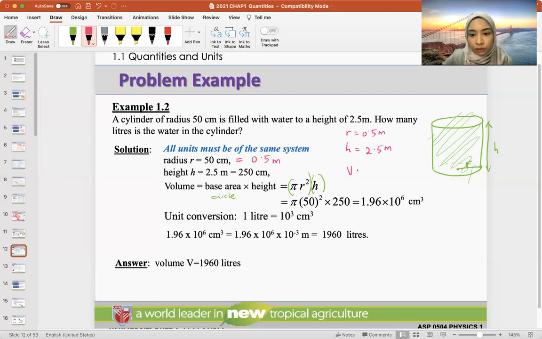And then the volume is area times height. So what is my area? Area is pi r squared, times the height.